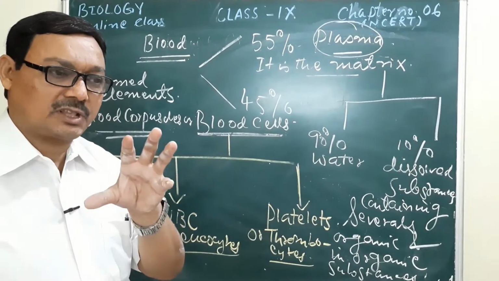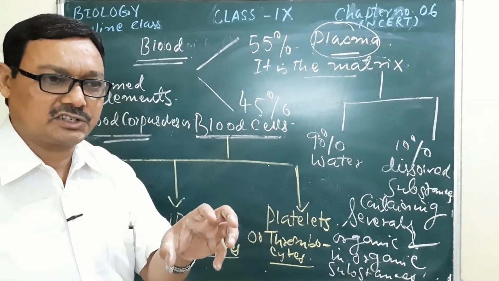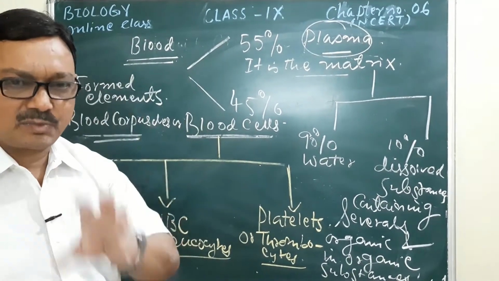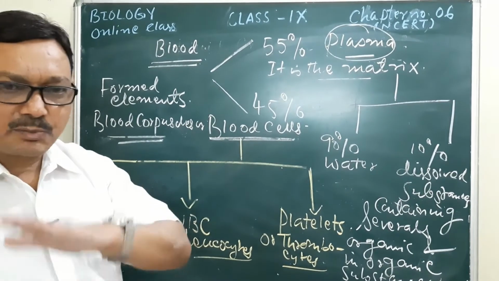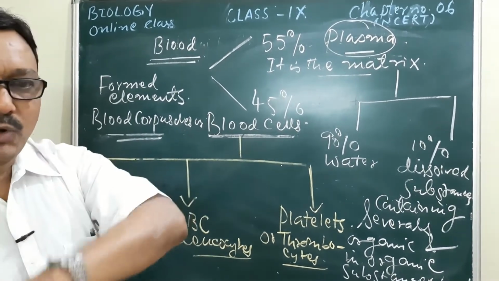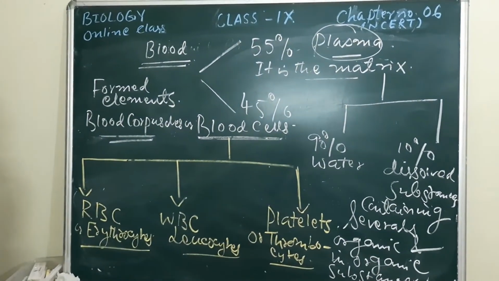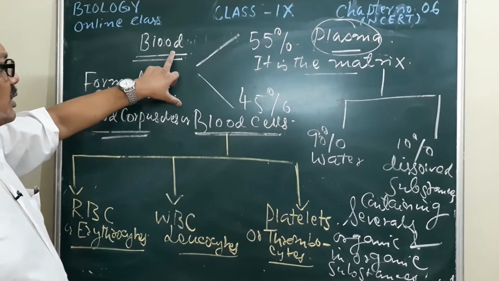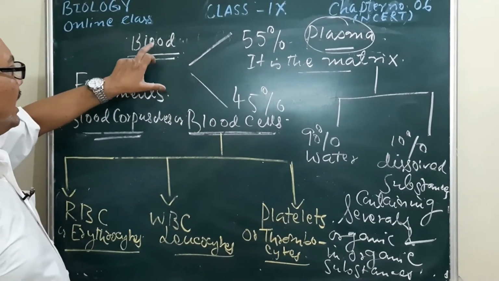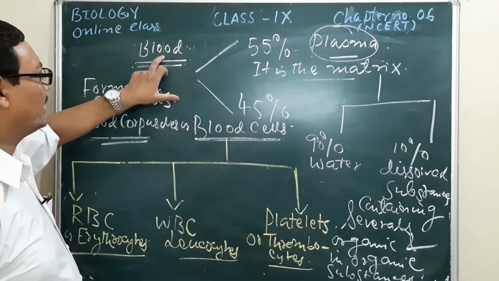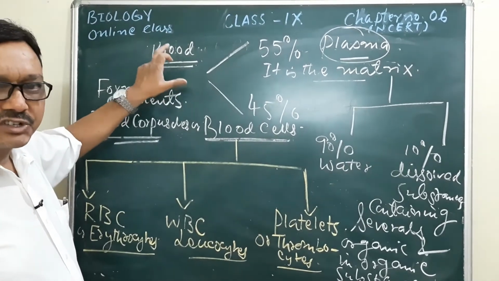The process by which the different essential nutrients, gases, waste materials, hormones, etc. are transported inside the body from one part to another is known as the transportation process. On the basis of this process, our circulatory system is composed. It is an important component part of our circulatory system.